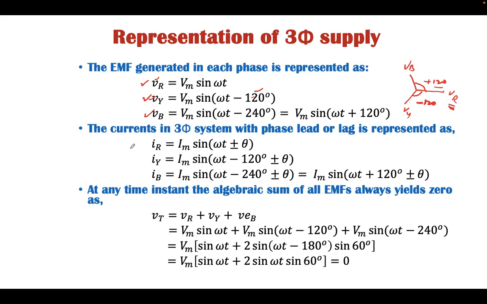Similarly, if there are three phases, then correspondingly there are three different currents. IR is equal to Im sin omega t plus or minus theta.